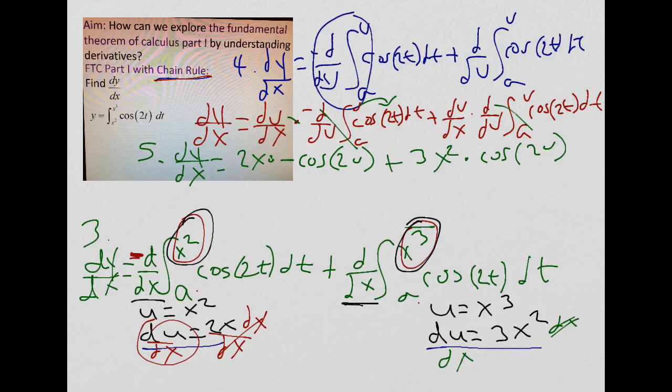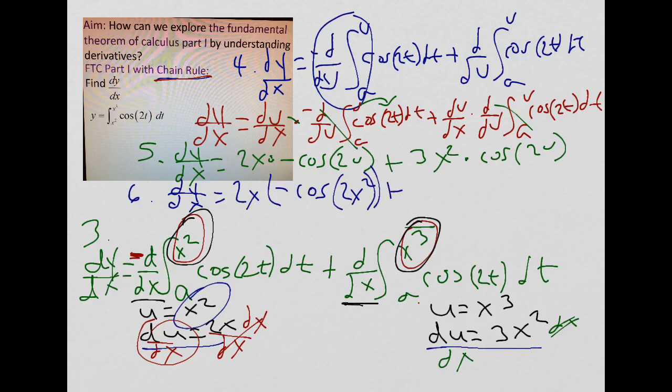So let me go back to step 6, really squeezing it in here. This is 2x, and I'm multiplying by a negative cosine of 2. This u is x squared, and this u is x cubed.